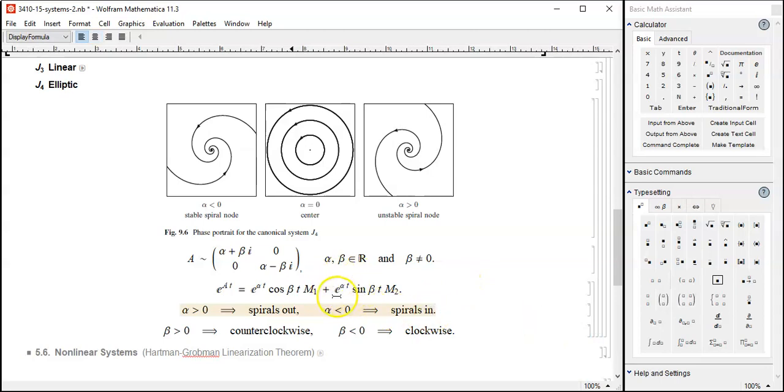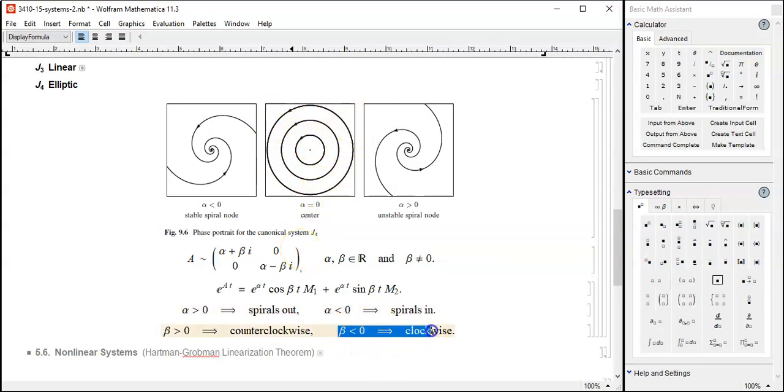That's coming from this e to the alpha t part. Now, how about sine and cosine? Beta is an angular velocity, so if it's positive, that angle is increasing as t gets larger.